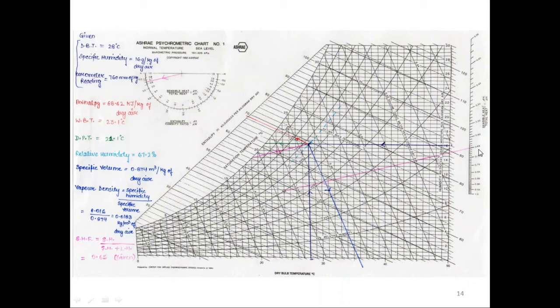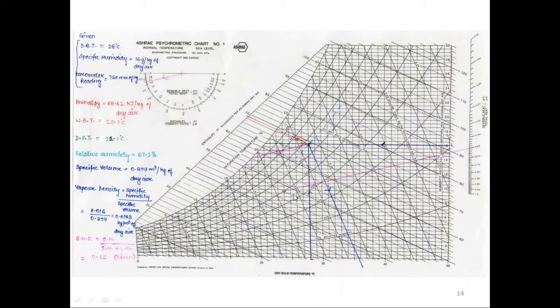So first of all, we will find out the value of 0.65. So we will mark a point here. Then we will find out the reference point. The value of the reference point is fixed for the chart. This value is 24 degrees Celsius dry bulb temperature and 50% relative humidity.